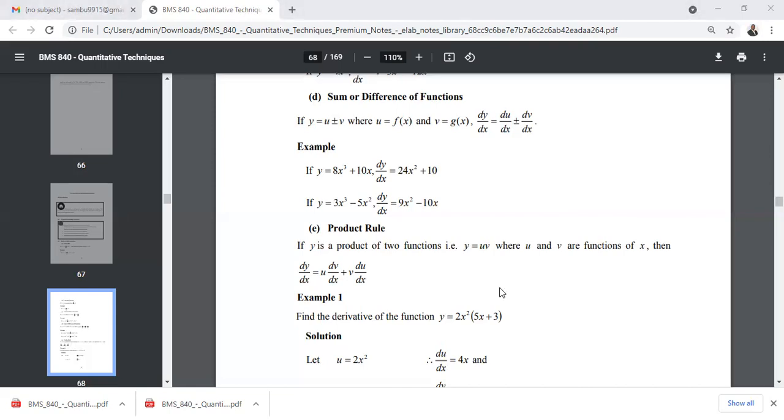So you are in the product rule, and in the product rule, if y is a product of two functions, that is y is equal to uv, where u is the function f, and v is the g function of x. Then our formula becomes u dv over dx plus v du over dx.